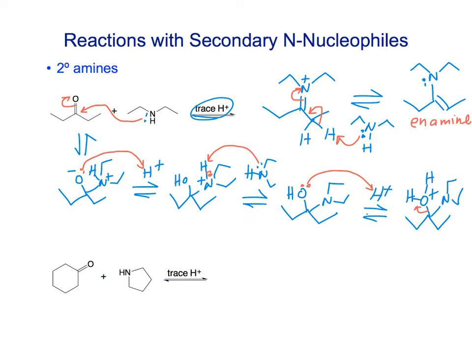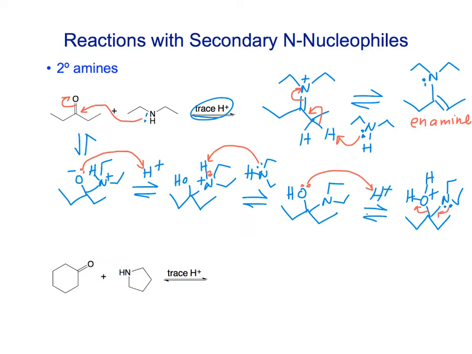It would form a carbocation at the position where the water came off, but that carbocation can be stabilized by the electrons on the nitrogen. Remember, the most stable resonance structure is going to be the one that has complete octets for the carbons and nitrogens and oxygens and such.